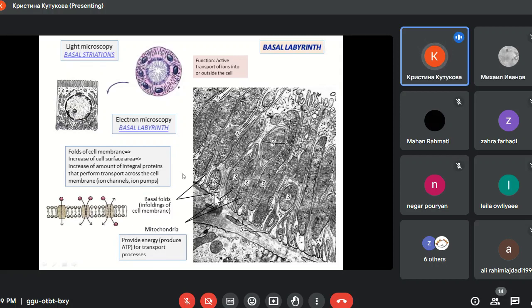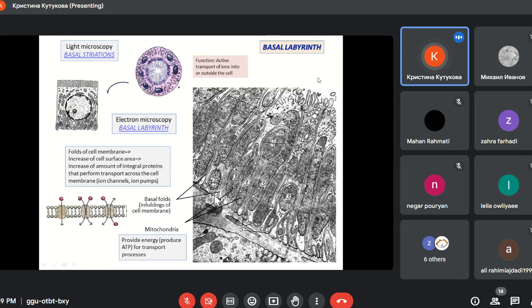So if a cell performs a function of active transport of ions against the concentration gradient, then it will have folds of membrane with increased amount of ion pumps and a lot of mitochondria.